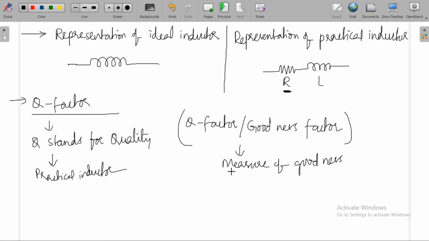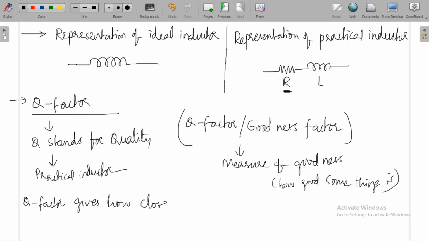Q factor is a measure of how good something is, and this something is nothing but inductance. Here Q factor gives how close this practical inductor is to an ideal inductor.